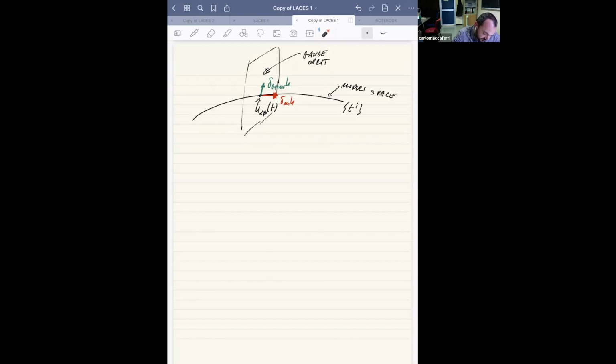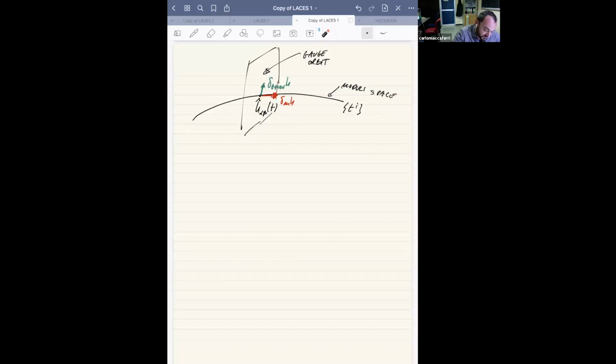This is a picture for the space of metrics, and there is this finite-dimensional surface, given by the choice of a fiducial metric, which will depend on these moduli coordinates. You have to imagine the space of metrics as a fiber bundle, whose base is the moduli space and whose fiber is given by all the possible gauge variations.